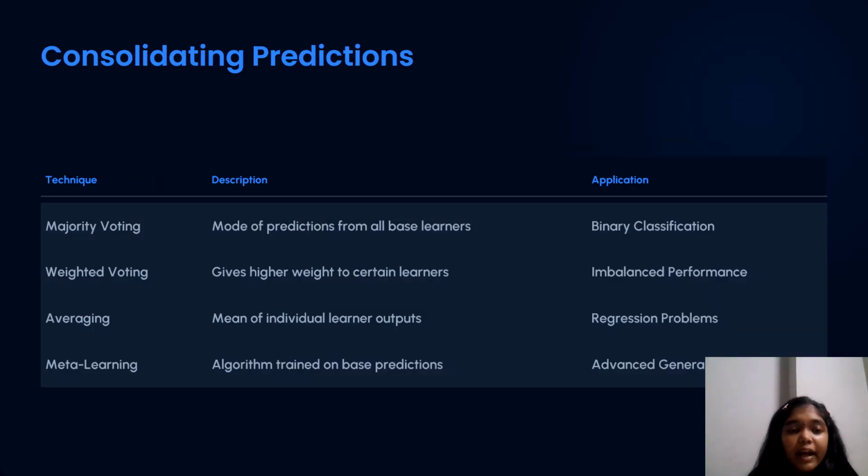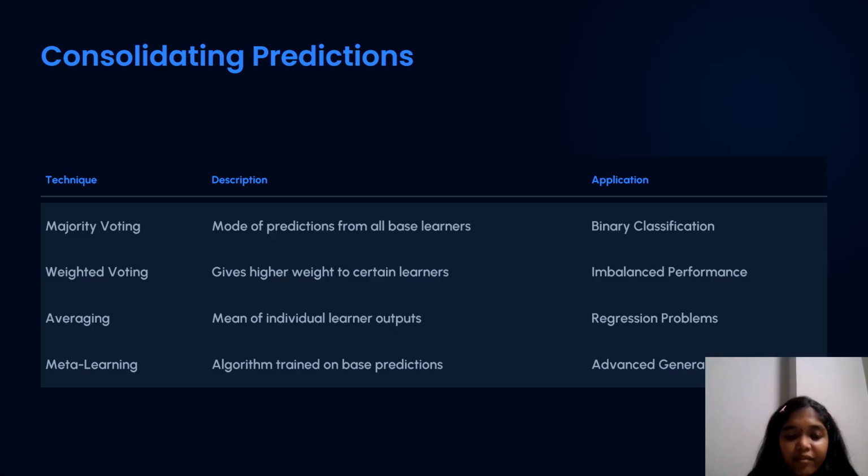Now we'll learn about some techniques and how they help in the real world. The technique majority voting means the mode of prediction from all base learners, and it is applied in binary classification. The technique weighted voting gives higher weight to certain learners, and its application is in imbalanced performances.